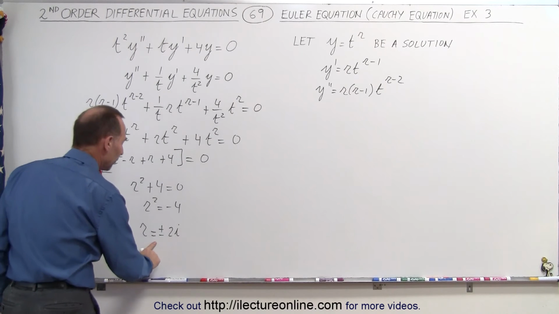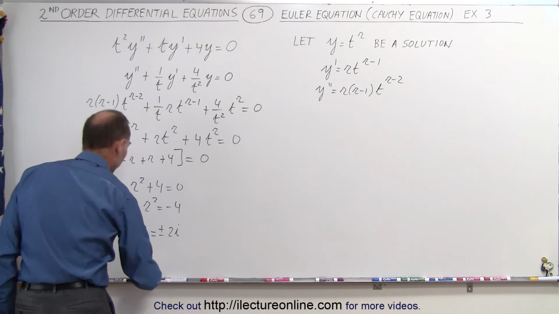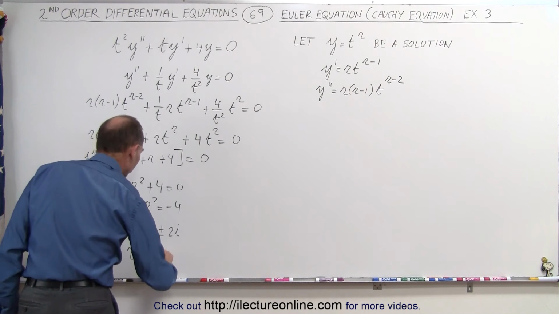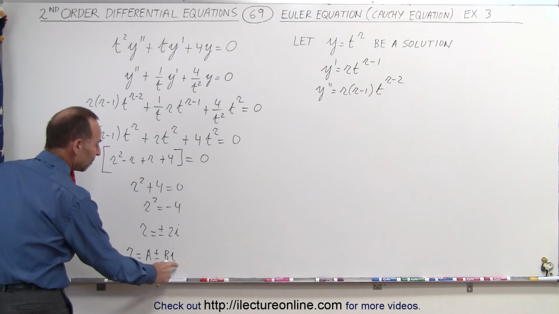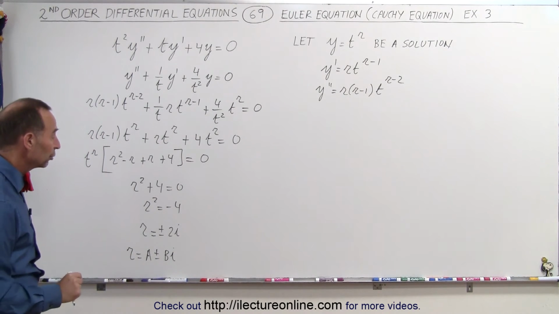Now, the general format of the imaginary root is that r will be equal to some constant a, the real part of the imaginary number, plus or minus b times i. So we have the bi part, but we don't have the real part of the imaginary root.